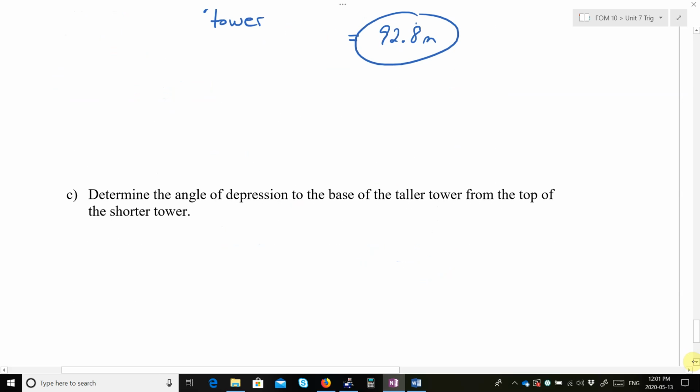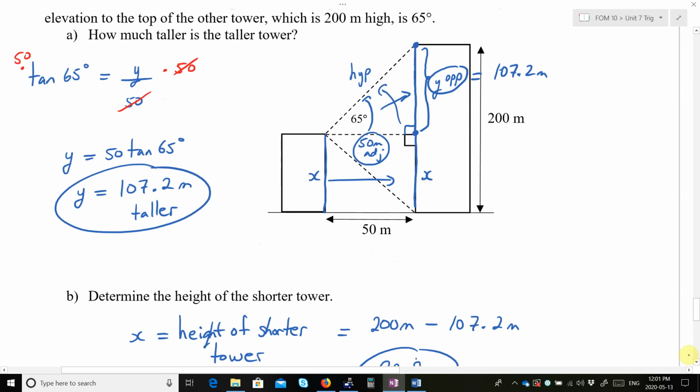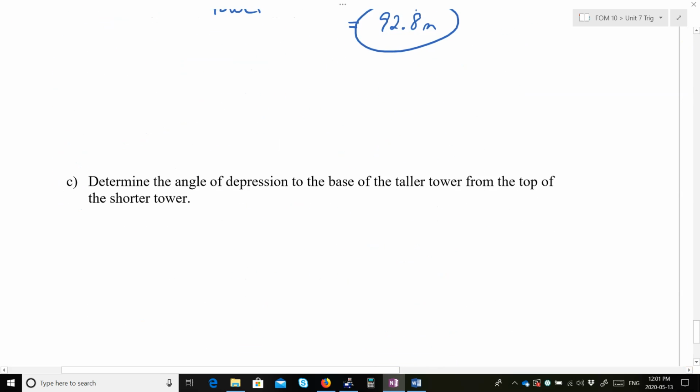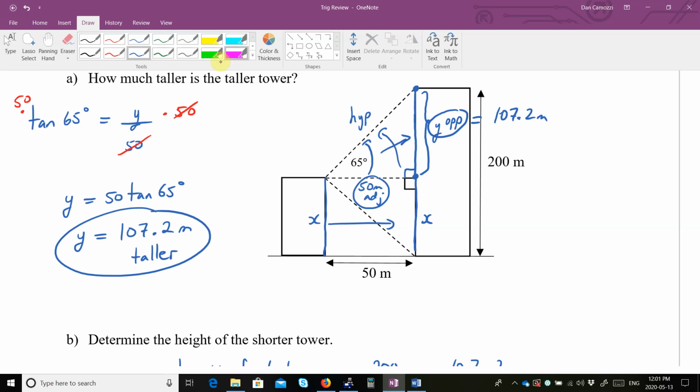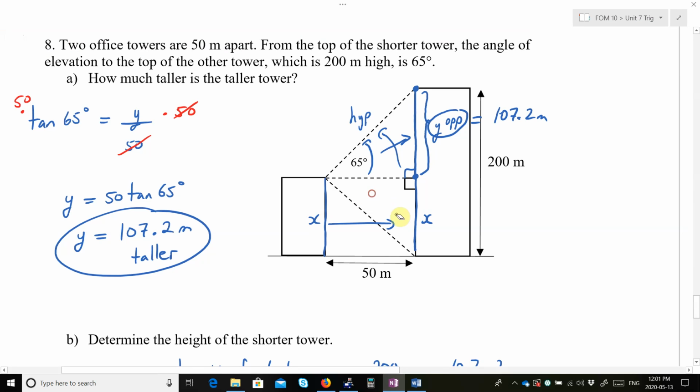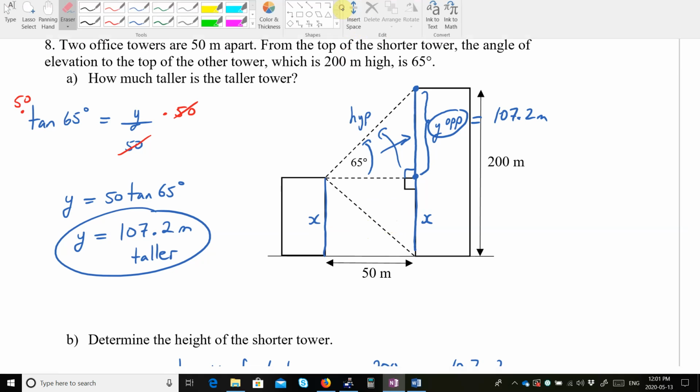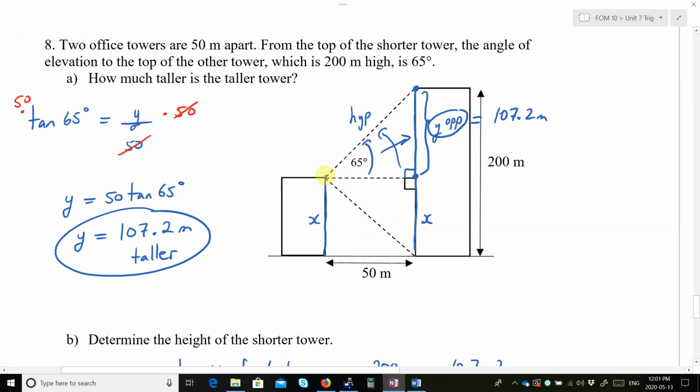And finally, part C, determine the angle of depression to the base of the taller tower. Let's say from the top of the shorter tower, so the angle of depression. So the angle of depression from the top of the shorter tower to the base of the taller tower is this angle of depression right here.